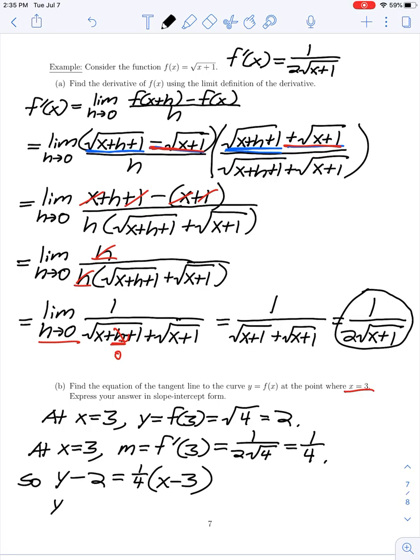So simplifying a little, we have y minus 2 is equal to 1/4 x minus 3/4, or if I add 2 to both sides, I have y is 1/4 x, and then 2 is 8/4, minus 3/4 leaves me with a positive 5/4.